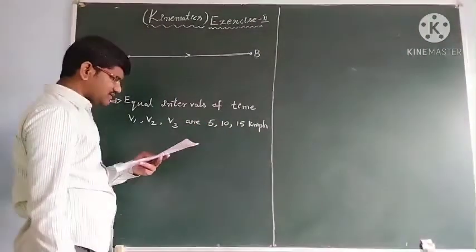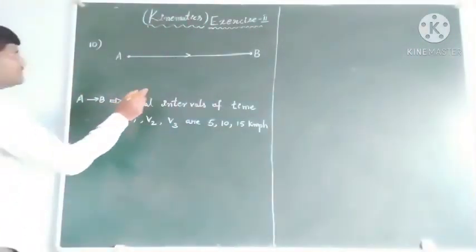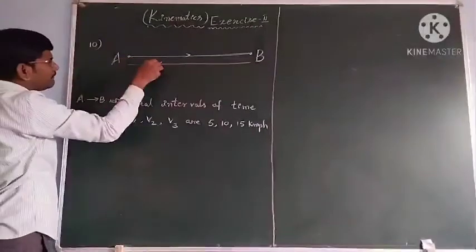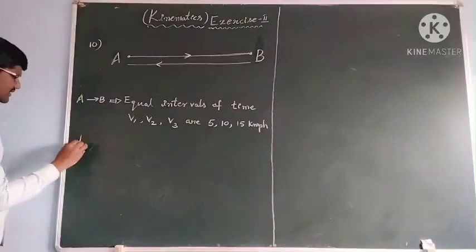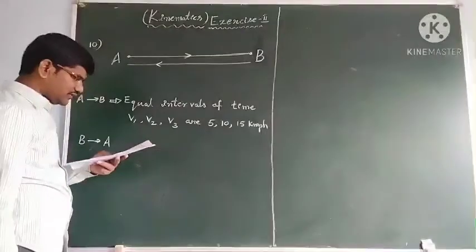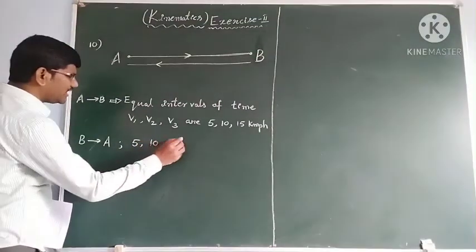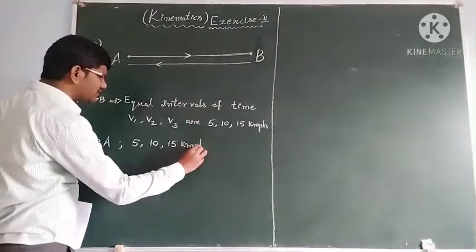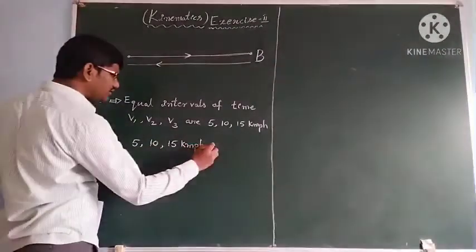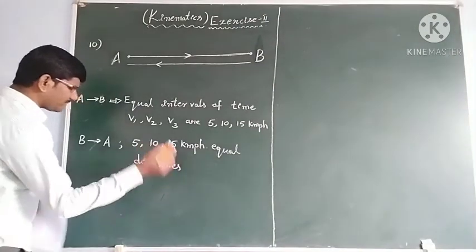And next, students, while moving from B to A, in the reverse journey, this is A and this is B. In the return journey, B to A, he moves with the speeds of 5, 10 and 15 kmph, for equal distances.